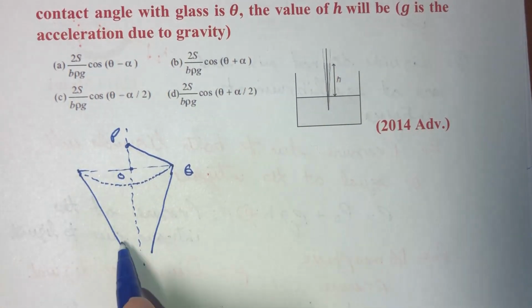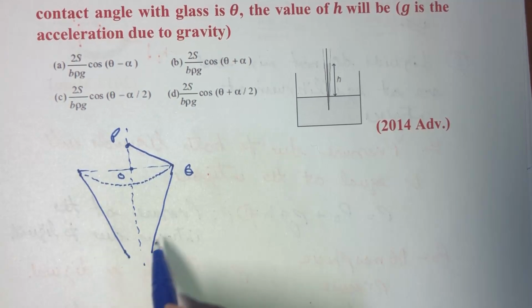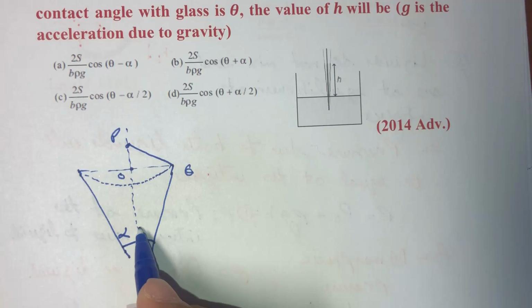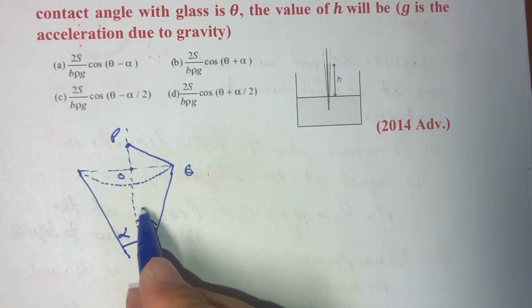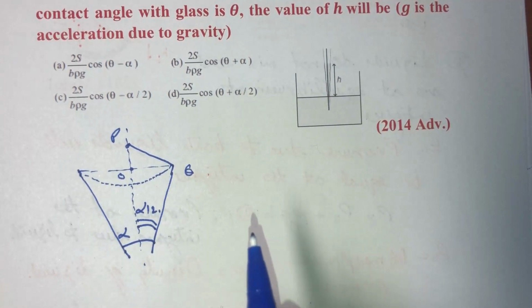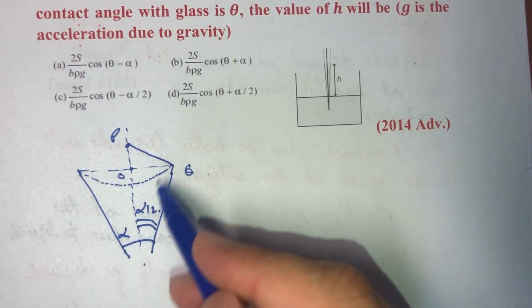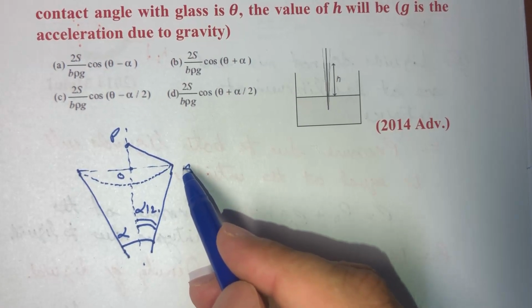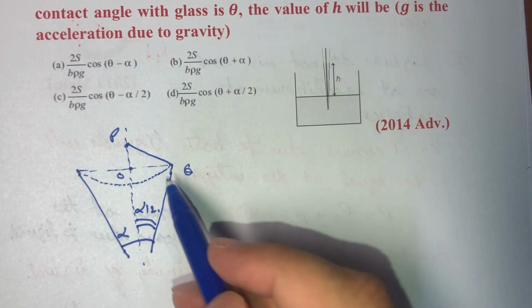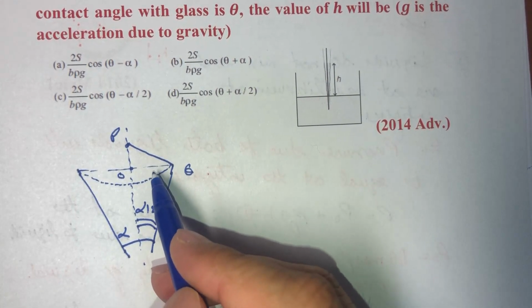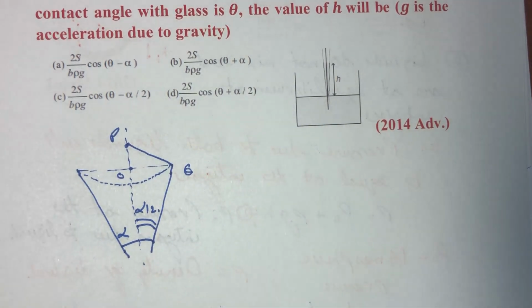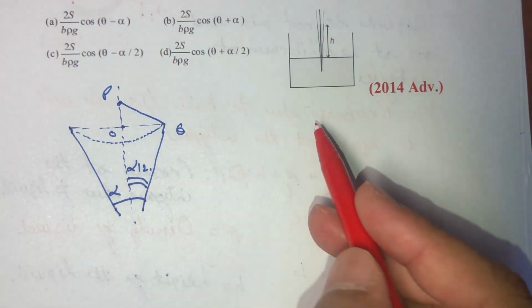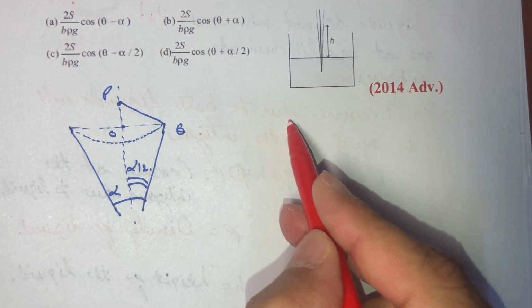We are given that the apex angle is alpha, so this angle will be alpha, and therefore this angle will be alpha by 2. There will be various forces acting at this point. So let me redraw this, especially the triangle part, separately, and we will discuss everything relative to it.